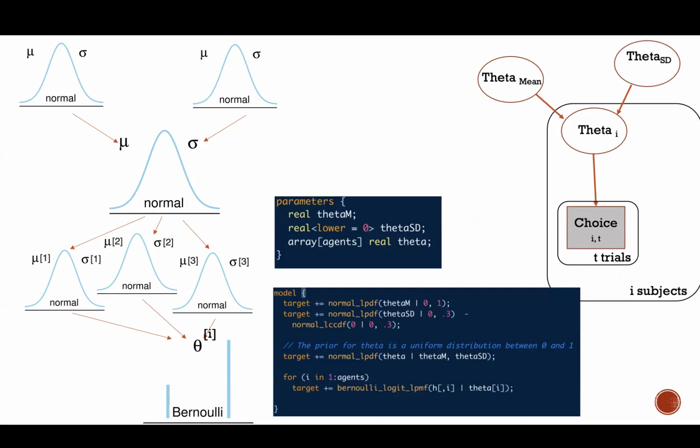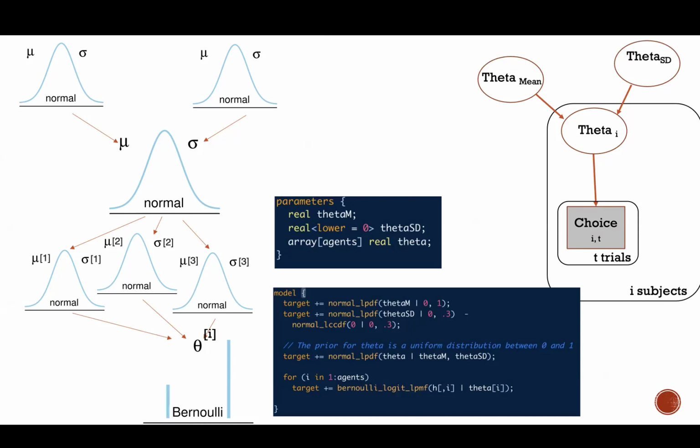We have a real theta standard deviation, which has a lower boundary of 0, because a negative standard deviation doesn't make sense. And we have a vector, of length agents, of real numbers, which is the theta. Does that make sense?